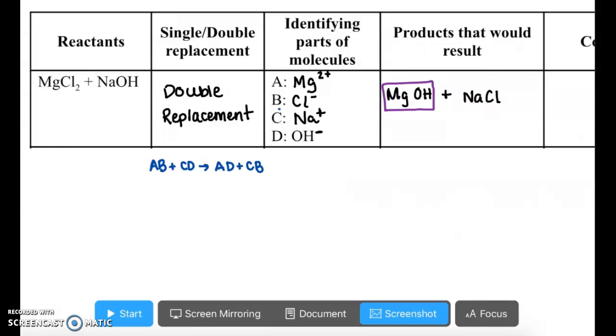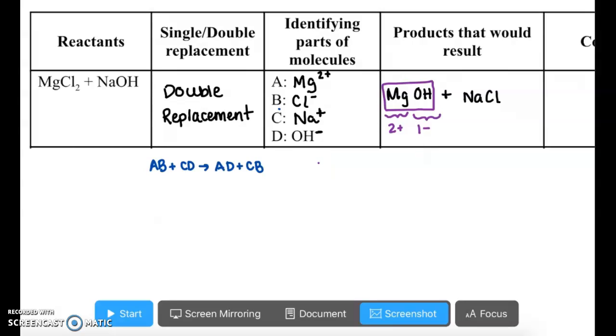Magnesium hydroxide. Okay, magnesium comes with a 2+ charge, and OH comes with a minus or a 1- charge. I know that from my identifying parts column. So in order to make this overall neutral, I'm going to need 2 OHs.